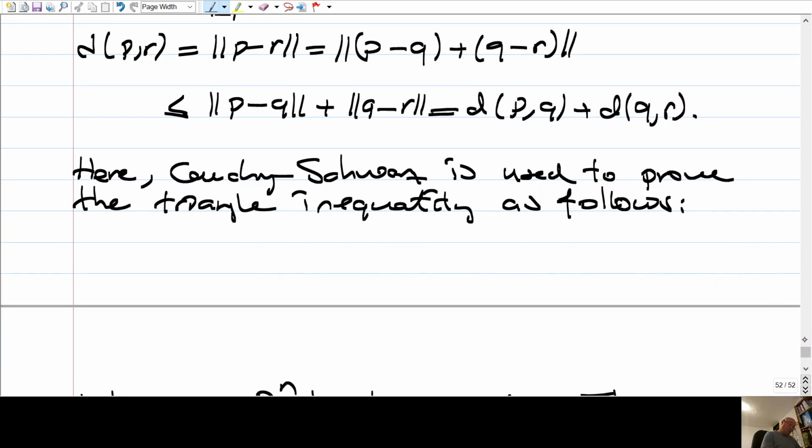So we use the Cauchy-Schwarz to prove the triangle inequality for the inner product space, and we use that one to prove the triangle inequality for the metric space.